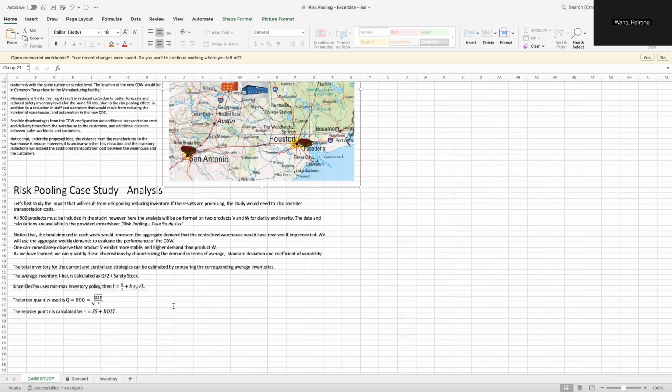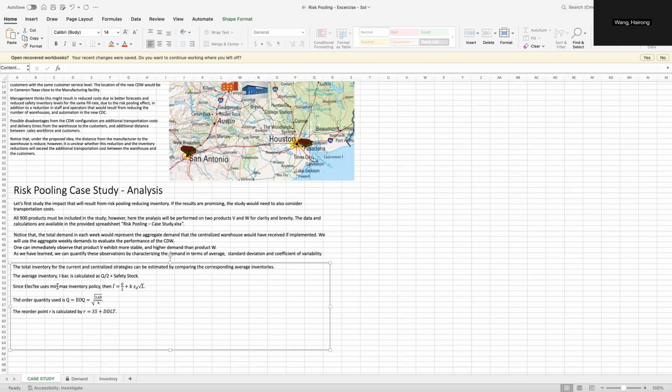We need to compute the average inventory, I bar, and it can be calculated by Q over 2 plus safety stock, where Q is the order quantity, calculated by the square root of 2AD over H, where A refers to the order cost per order, D refers to the average demand, and H refers to the holding cost per unit per year.